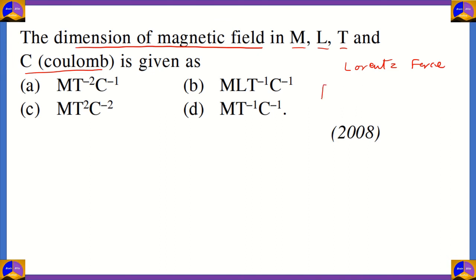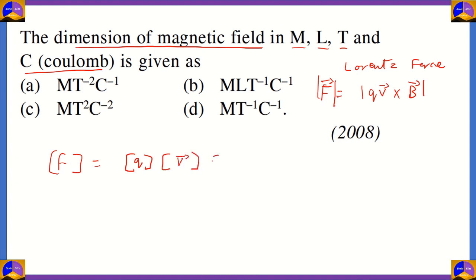So according to Lorentz force, the magnetic force acting on a conductor is equal to modulus of QV cross B. So if you were to take the dimensional formula of this force, then that will be equal to dimensions of Q times dimensions of V times dimensions of magnetic field. We need to find the dimensions of magnetic field.